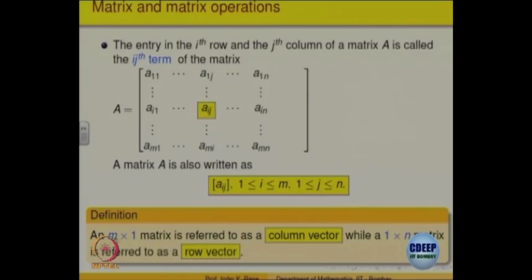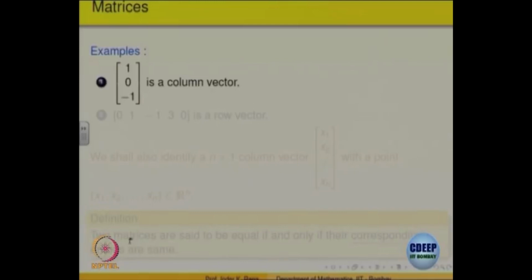If the matrix has m rows and one column, it looks like a vertical thing, so it is called a column vector, and similarly if it is 1 cross n, it is called a row vector. For example, this is a column vector and this is a row vector.